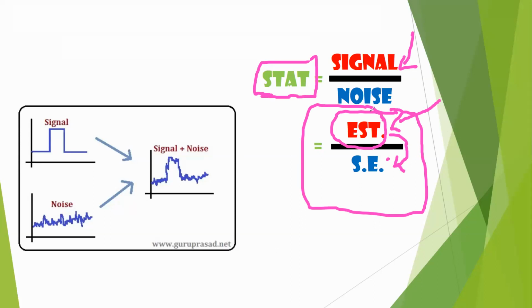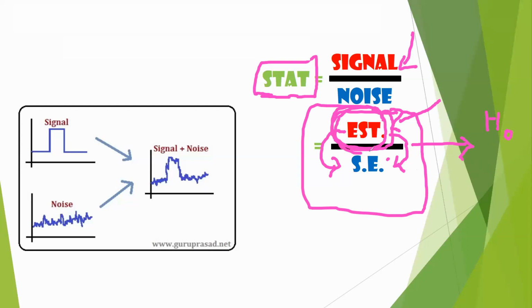If your estimated statistic is significantly greater than the standard error of this estimation, then we believe this is a significant result or a significant association. In this case, we're going to reject the null hypothesis, which means there's no association, right?